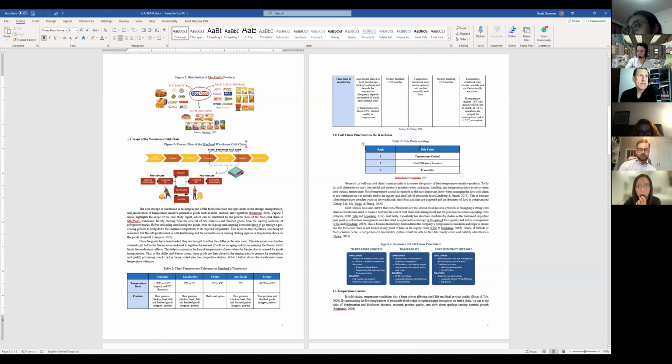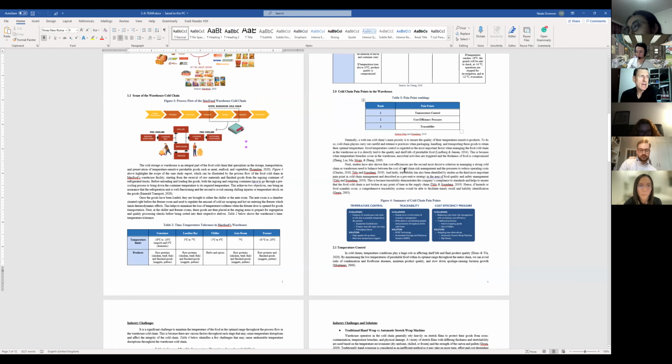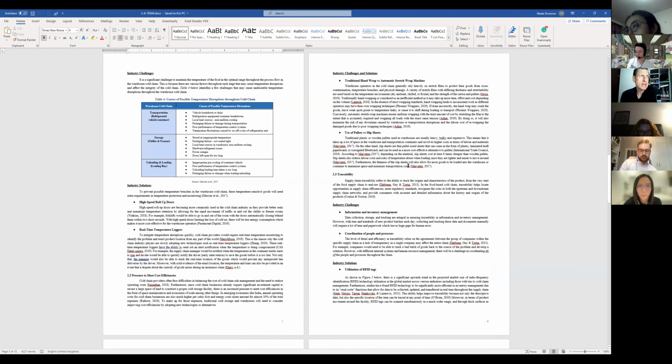They made it very clear the pain points, and they also made it very clear what the industry challenges are. And then their analysis, this is what made their project so nice, was they talked about the solutions: industry challenges and solutions. Whether you call it challenges or problems, it doesn't matter.